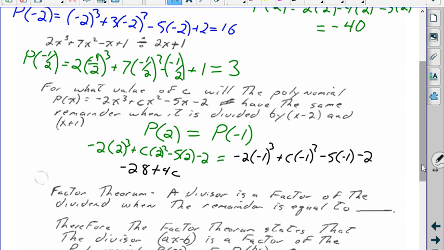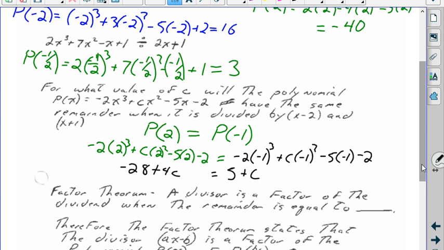I'm just gathering the numbers. Here I have positive 2 plus 5 is 7. So we end up with 5 plus c. I really didn't give enough room. I'm sorry about that.